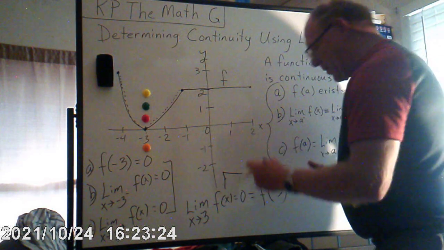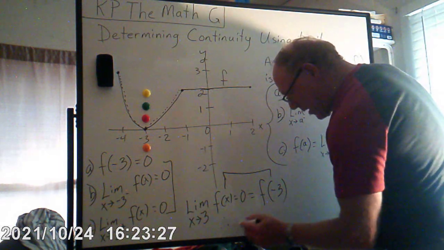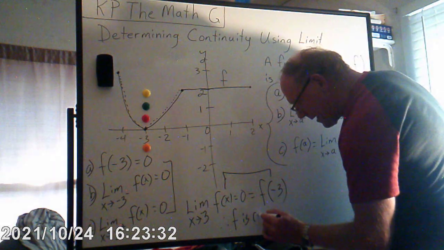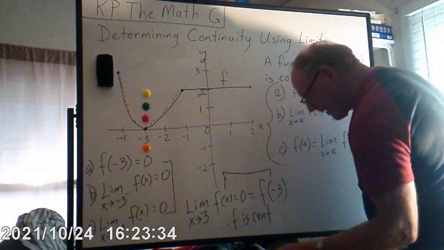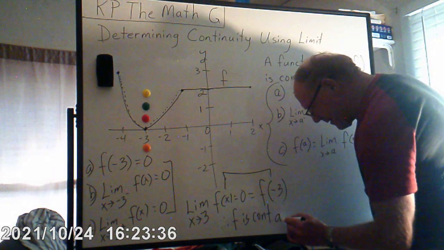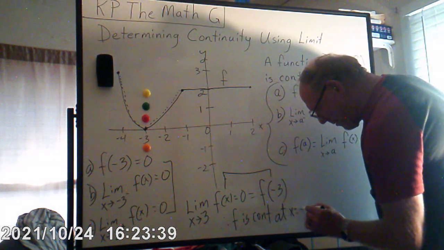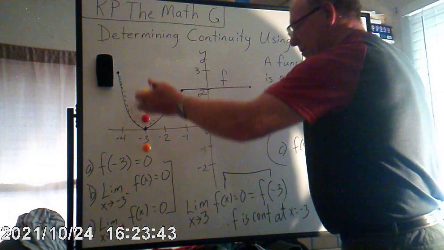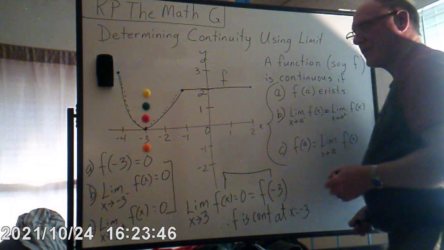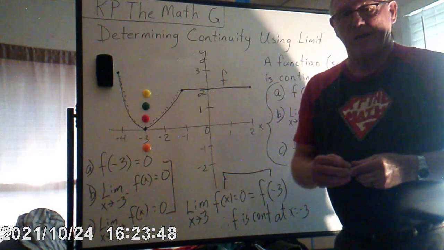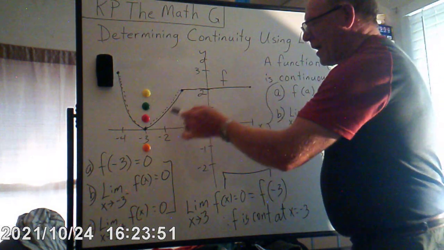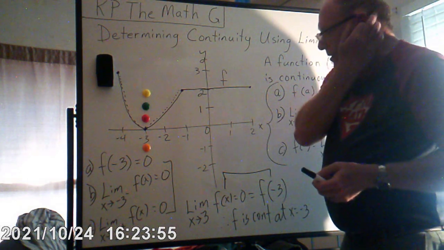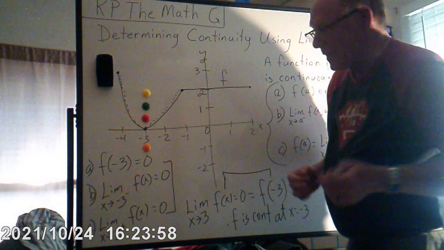And since we have that, we know that f is continuous at x equals -3. At least we know that at -3 that f is continuous. Okay, well, we know that this whole line, this curve and this part of this line, all of this is continuous, isn't it?